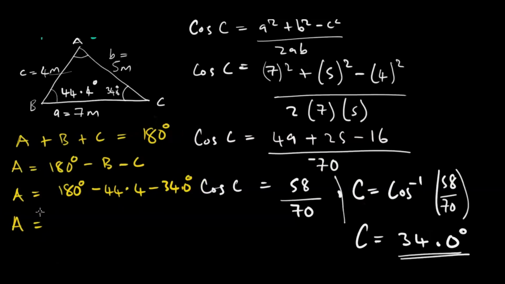So we should get the same answer we got earlier on the calculator as some proof that our answer is correct. So 180 subtracting 44.4 subtracting 34, we get 101.6, which is approximately equal to what we got when we did our calculation, therefore in some way proving our answer to be correct. And even if we are to consult the book here, our answers are also correct.